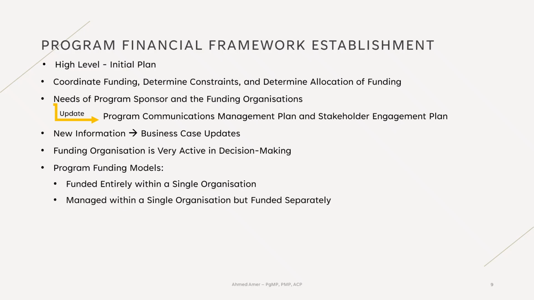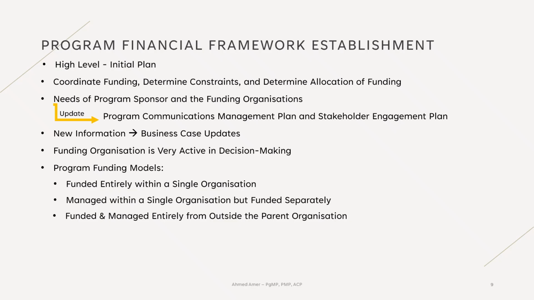Programs that are managed within one organization but funded separately. This might happen when a business unit manages the program, but the funding comes from a different internal division. Programs that are funded and managed entirely from outside the parent organization.